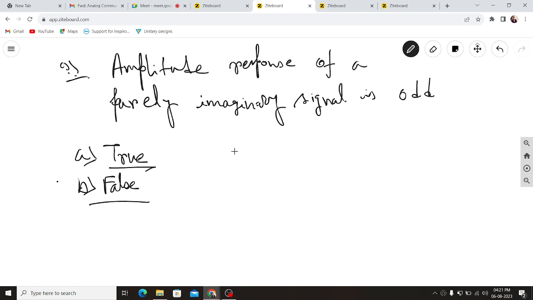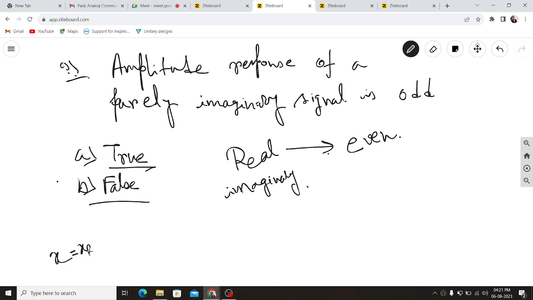So again, if a signal is real, then in the other domain it will be even. And if a signal is purely imaginary, that means it is not complex. If a signal is complex, that means xr(t) plus j xi(t). A purely imaginary signal is j xi(t); there is no real component.